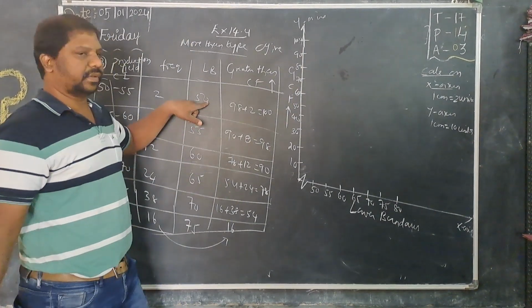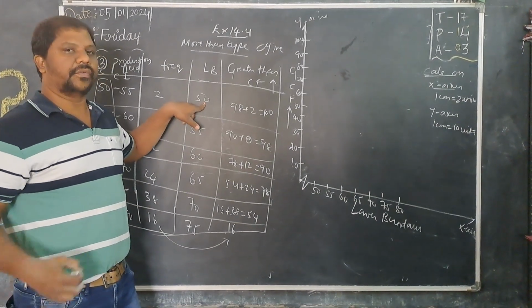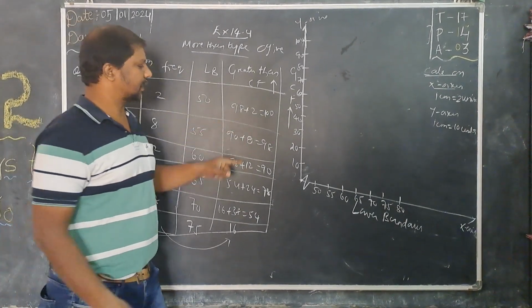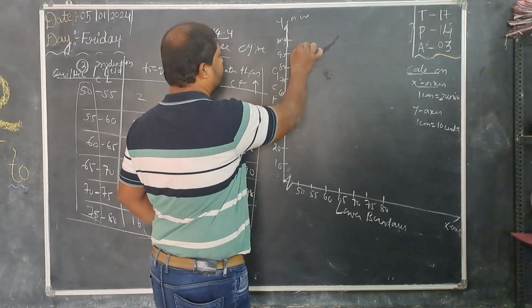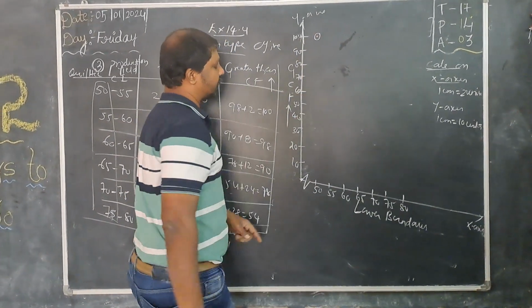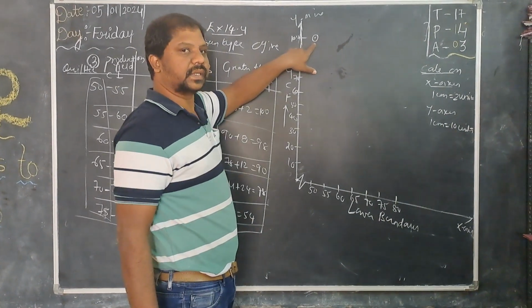Now starting the plotting, the value on x-axis is 50 and on y-axis it is 100. So 50 on x-axis is plotted with 100 on y-axis.